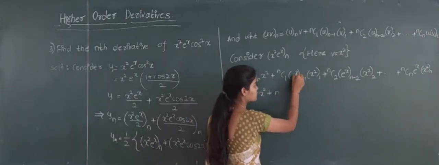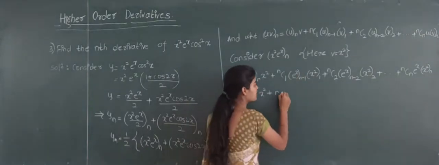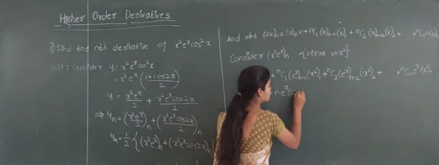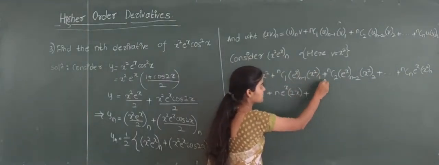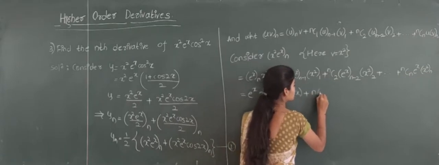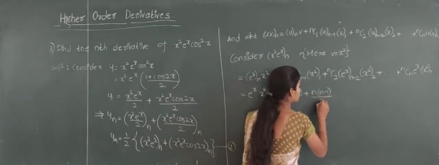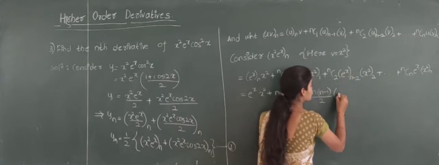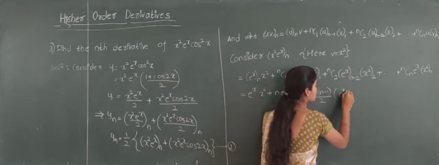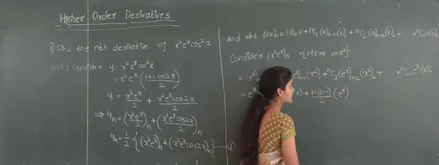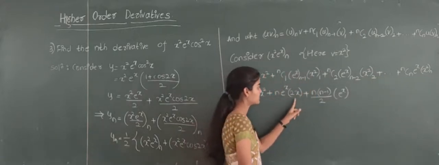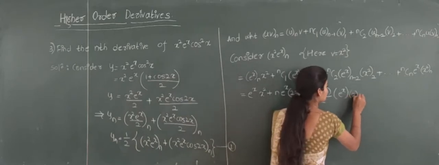Then again n minus 1th derivative of e raised to x will be e raised to x itself, first derivative of x square is 2x, plus nC2 value is n into n minus 1 divided by 2 and n minus 2th derivative of e raised to x, what will be that again? E raised to x, and second derivative of x square means you have to differentiate this 2x one time, that means here we will get 2.